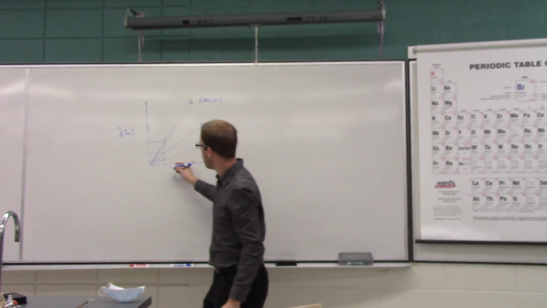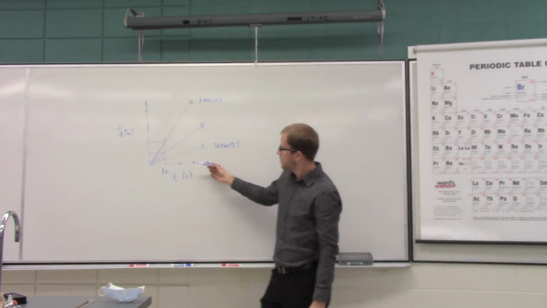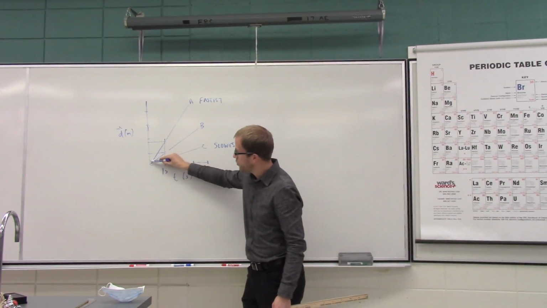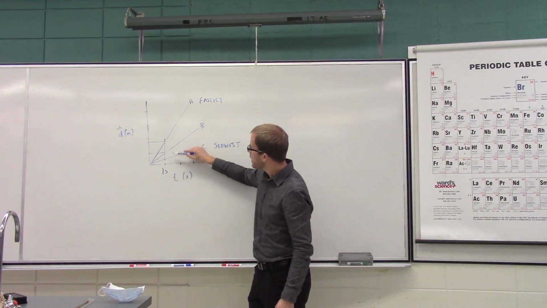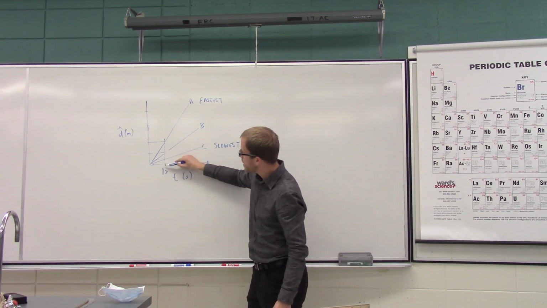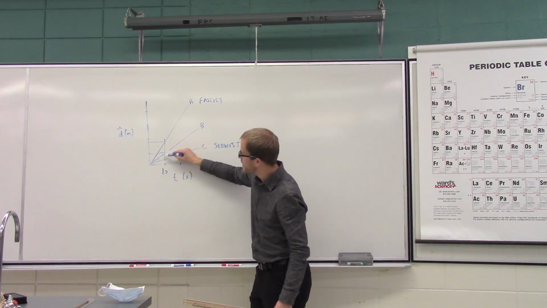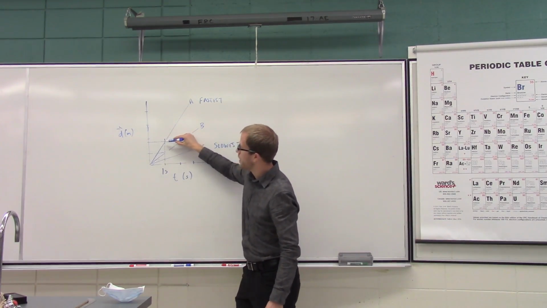This is, say, time 1 second. After 1 second, C here has changed its position that much. B has changed its position that much. Or I screwed those up. So C's changed it this much, B's this much, A has changed it that much.